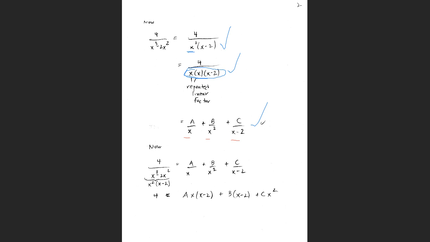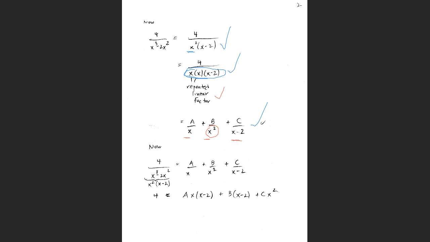You might think here I should have an x, but it doesn't work that way when you have a repeated linear factor. You write the x and then the x squared, and then you have the x minus 2. That's how you do it when you have what's called a repeated linear factor.